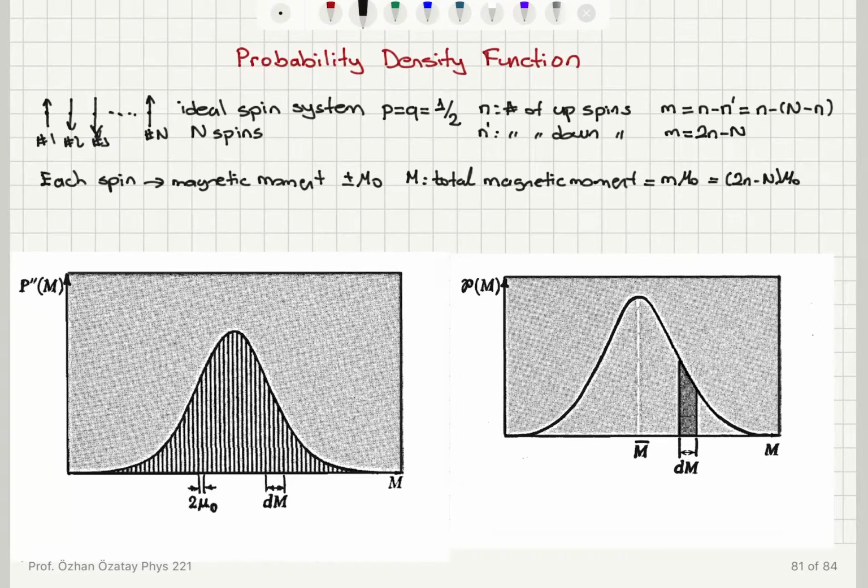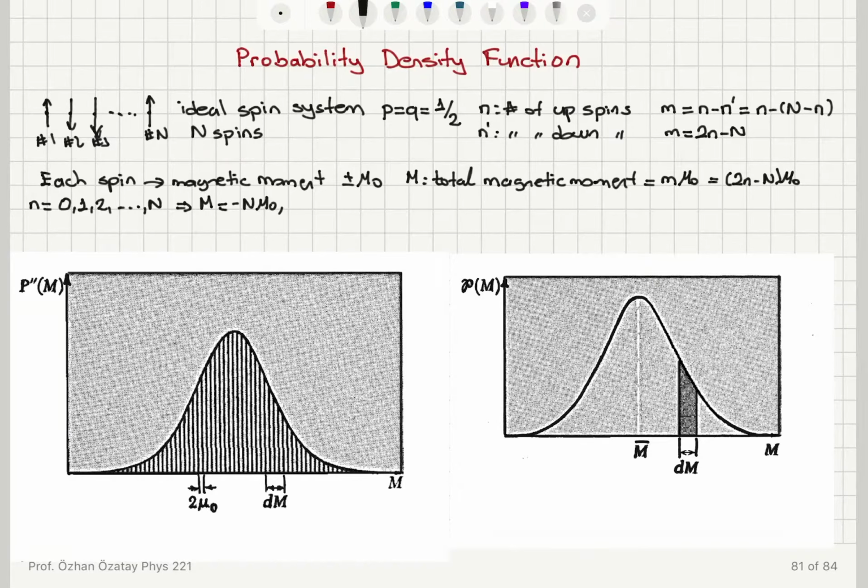So what are the possible values of N? Well, N can take values: no spins can be up, 1 can be up, 2 can be up, all the way up to capital N. The corresponding values of the total magnetic moment would be, if N is equal to 0, minus N mu 0.